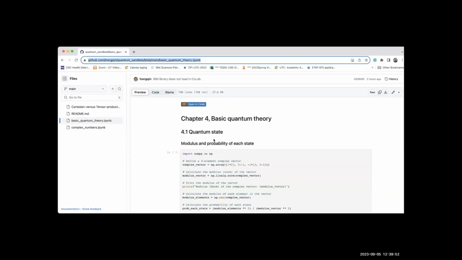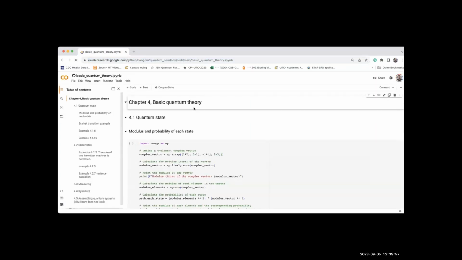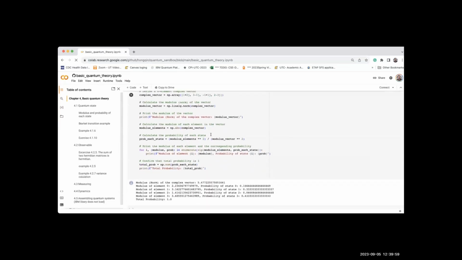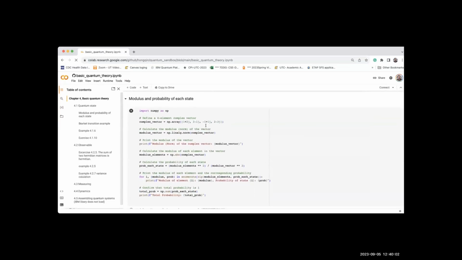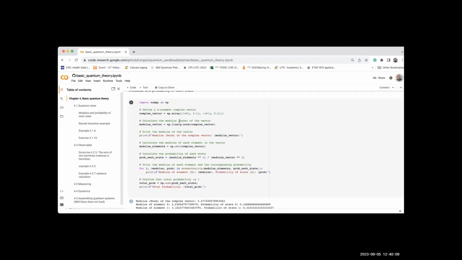Let me open Colab. Does it work? Yes, it works. So the first one just shows how to calculate the probability of a quantum superposition, a combination of complex amplitudes plus the states. We have a very simple complex vector.